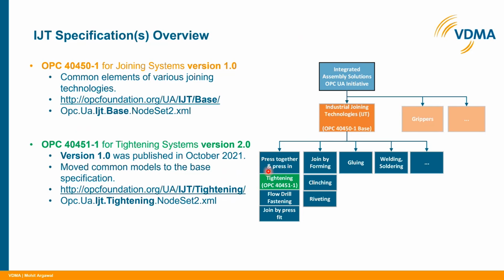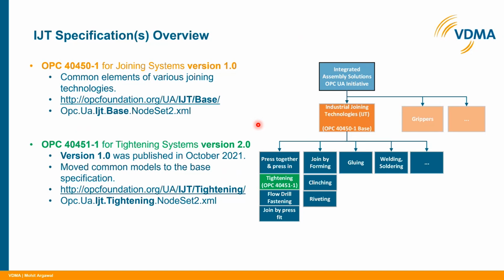And then we have published a second version of the tightening specification, where most of the models defined in tightening were extended and generalized and moved to the joining specification. So we have published both the specifications now, and they are publicly available with a reference implementation. So this is about industrial joining technologies and the taxonomy.